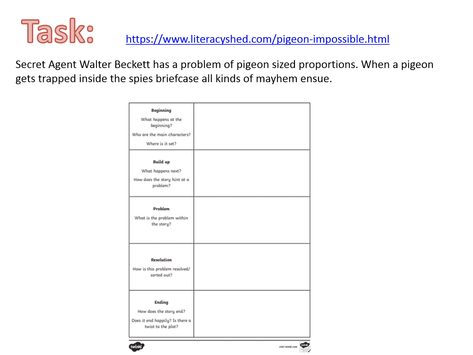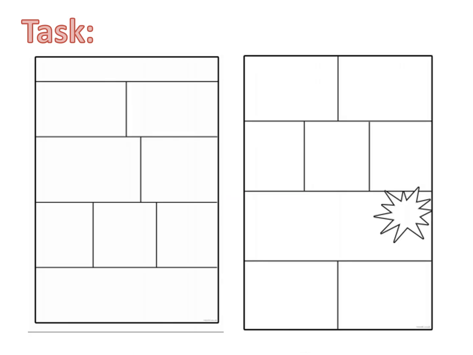But before you do that, you have a template over here. A beginning, a build up, what was the problem, the resolution, so how did the problem get solved, and the ending, so you can plan it a bit before you draw your comic strip, just so that you can structure your thoughts. This template will be on the school website as well, where you can access it. And afterwards, after the planning, I want you to draw your comic strip.